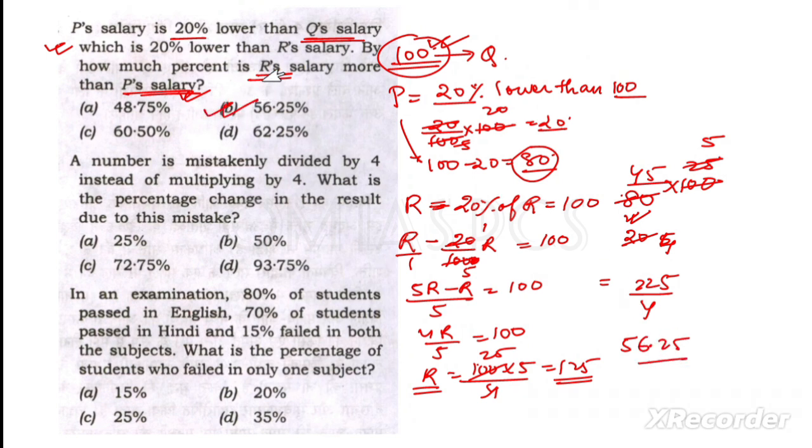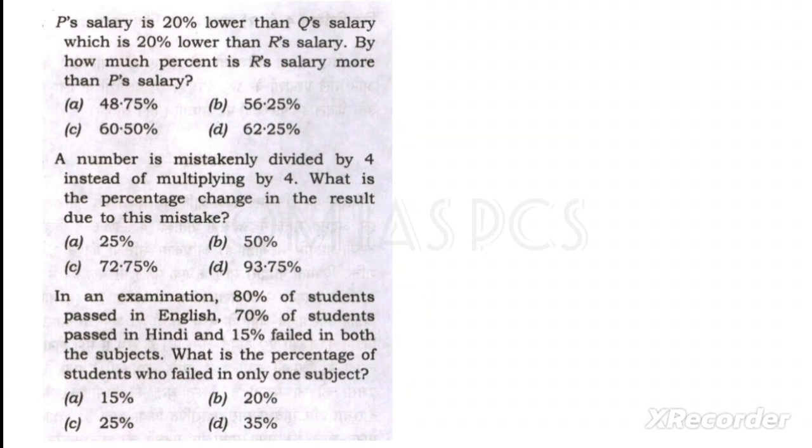I know it is a little complicated here, but let's solve this with another method. Instead of considering Q salary as 100, if we consider R salary as 100, what is given here is that Q salary is 20% lower than R salary, so Q salary will be 80.